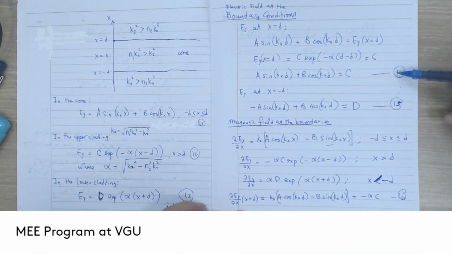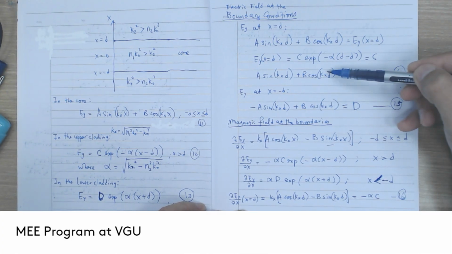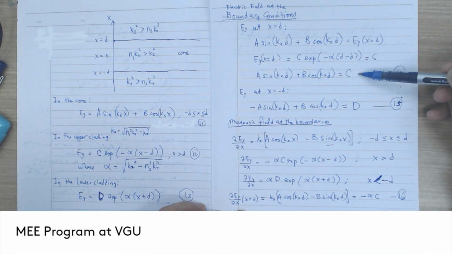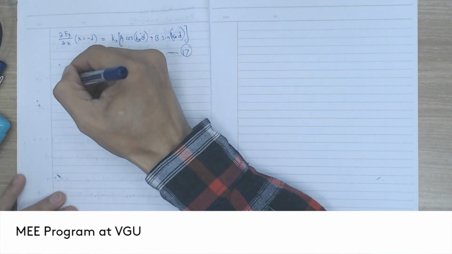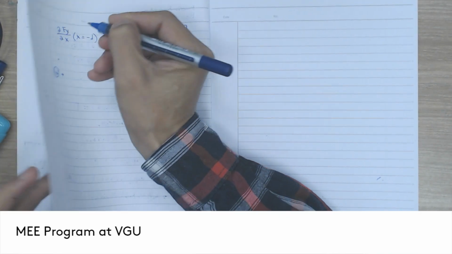Let's do the sum first, 14 plus 15. We do a sum of these two equations, then this gets cancelled out. You will get 2b cosine kx d on the left hand side. On the right hand side, you will receive c plus d.